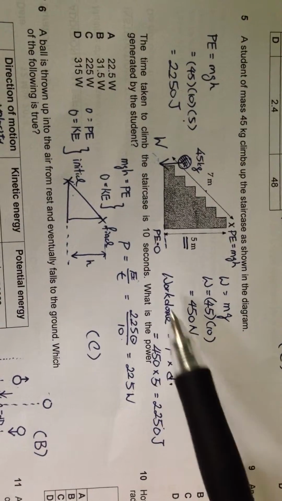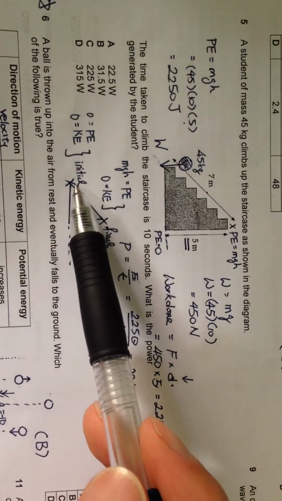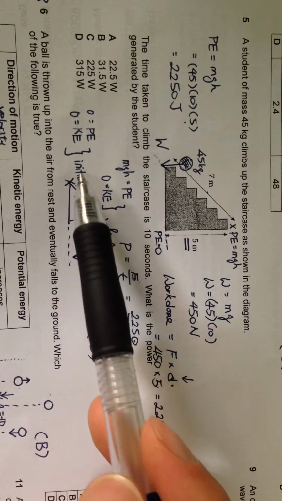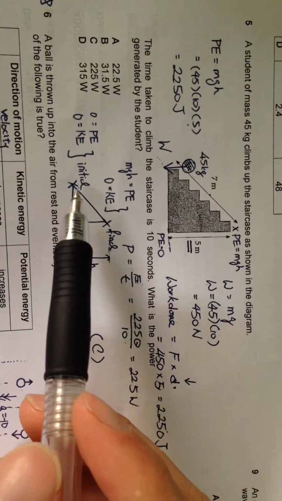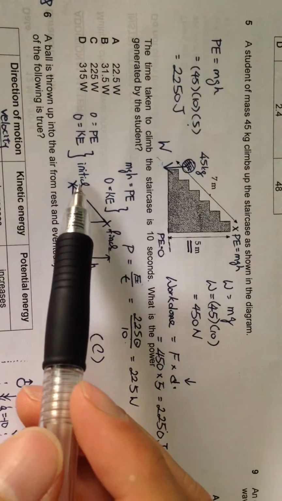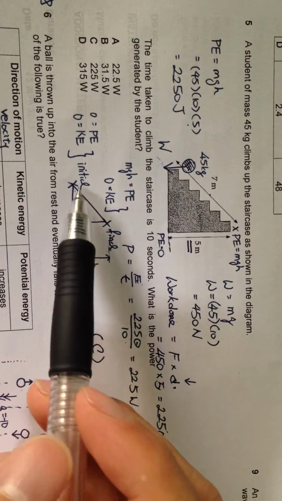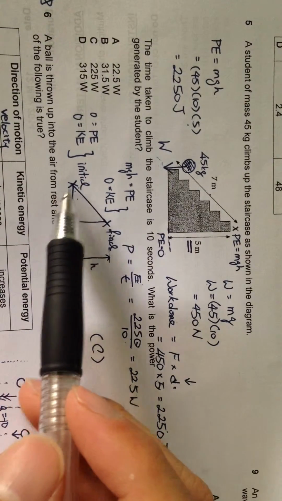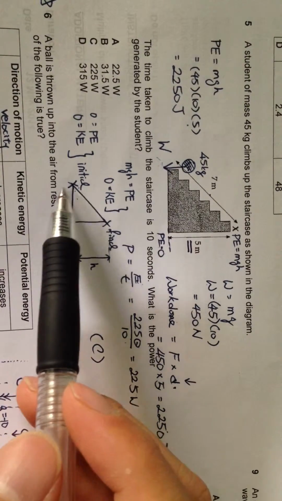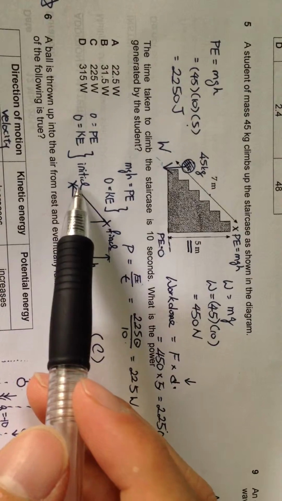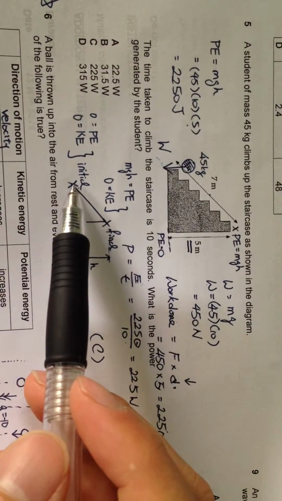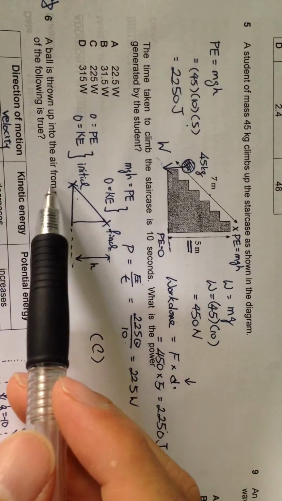Now some of you may be asking me, then teacher, how come for the initial and final position here you didn't add the work done? The reason why is that when we talk about the initial position, we are talking about a fixed time frame, the initial time frame. If you look at it, yes, there will still be a gravitational force pulling it down.